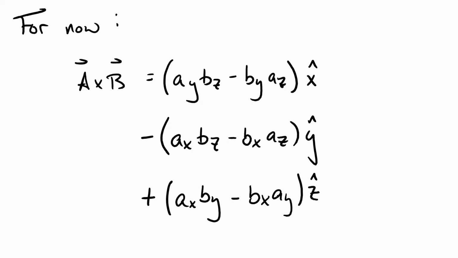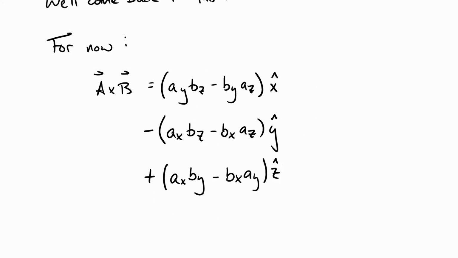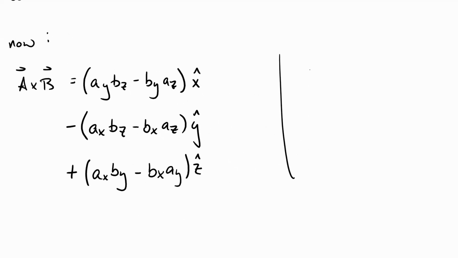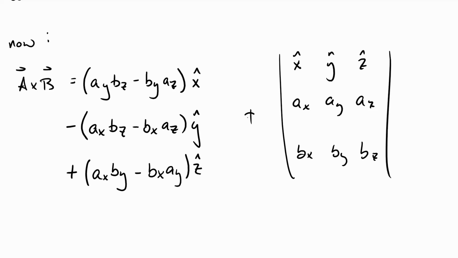There are many ways to derive it. One of them is to take your two vectors and a row of unit vectors and make a matrix like this. And then the determinant of this matrix is this.